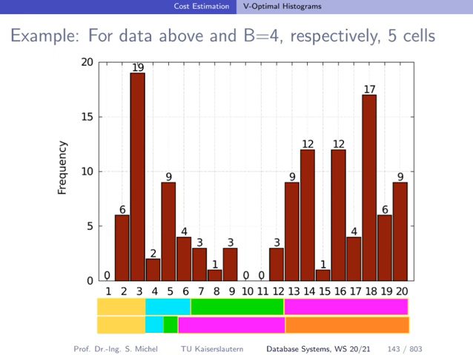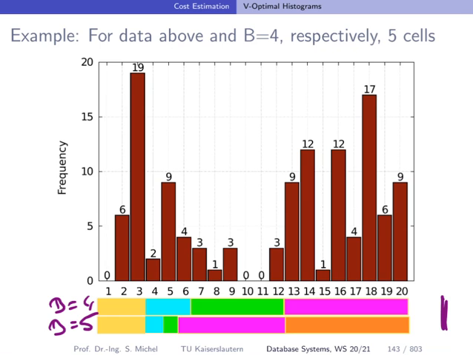Let's have a look at some sample data. So we have B is 4 and B is 5. And the different colors here denote the boundaries of the individual buckets.